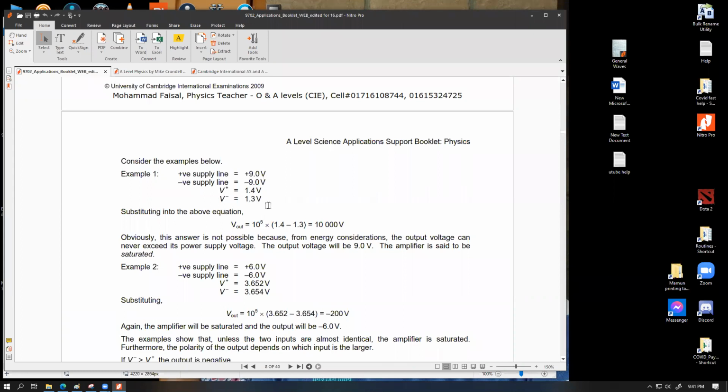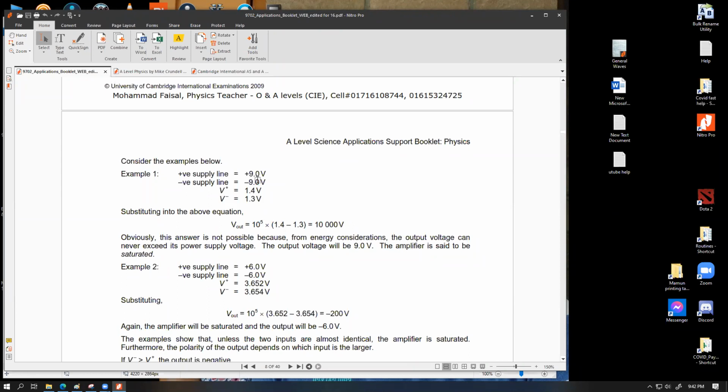Substituting these things in the equation, we get output should be 10 to the power 5, this is the value of the gain, into 1.4 minus 1.3, which gives you 10,000 volts. So math tells us that the value of this output is supposed to be 10,000 volts. But did we supply 10,000 volts to this op-amp?